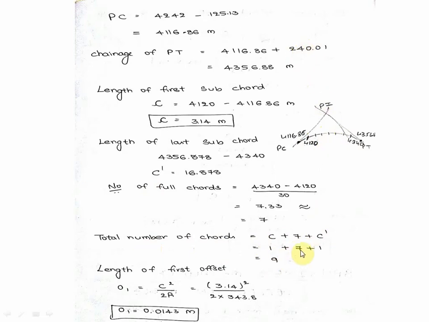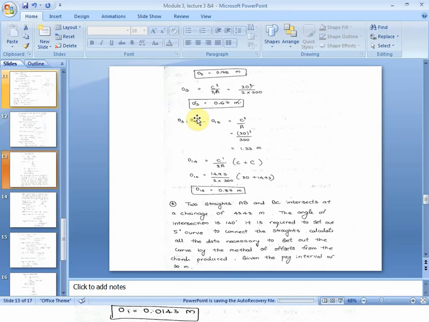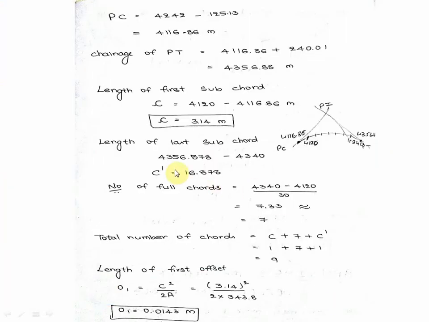Now we can just add: 7 into 30 is 210 meter, plus the length of the first chord, 3.14 meter, plus the length of the last subchord, 16.878 meter.